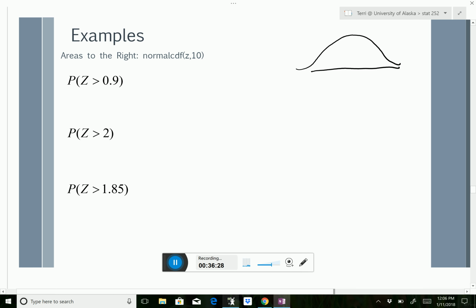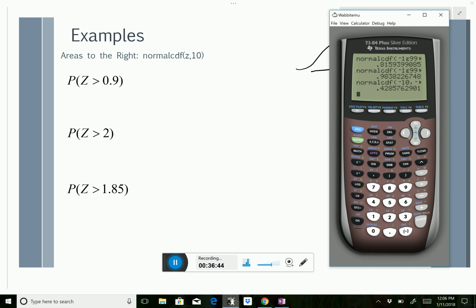So we did area to the left of 0.9. What is the area to the right of 0.9 going to look like? Think about that. That's got to be less than 0.5. So it's less than 50%. So let's put that in. We're going to go second vars, number 2.